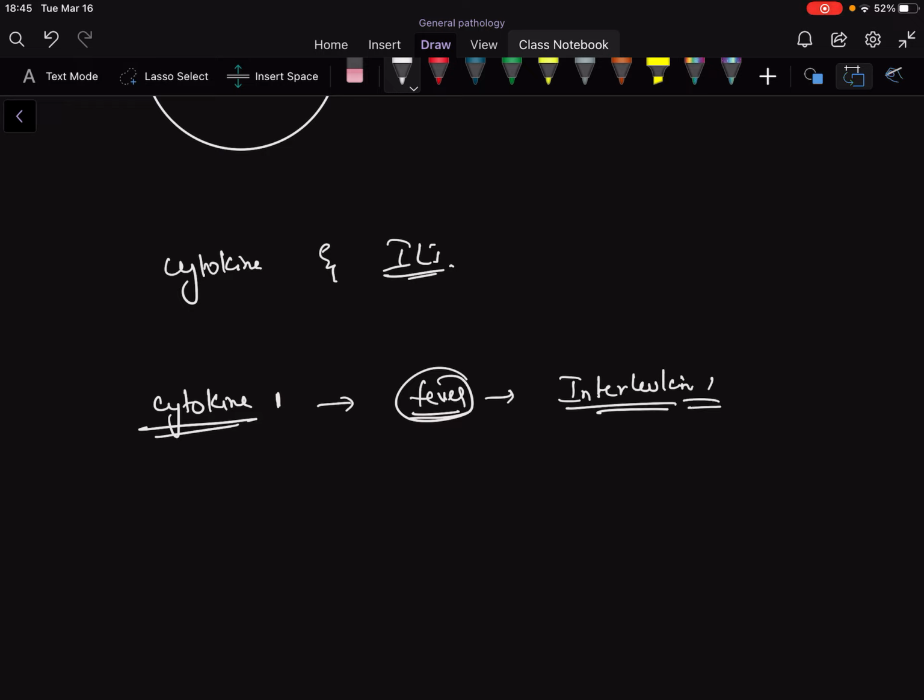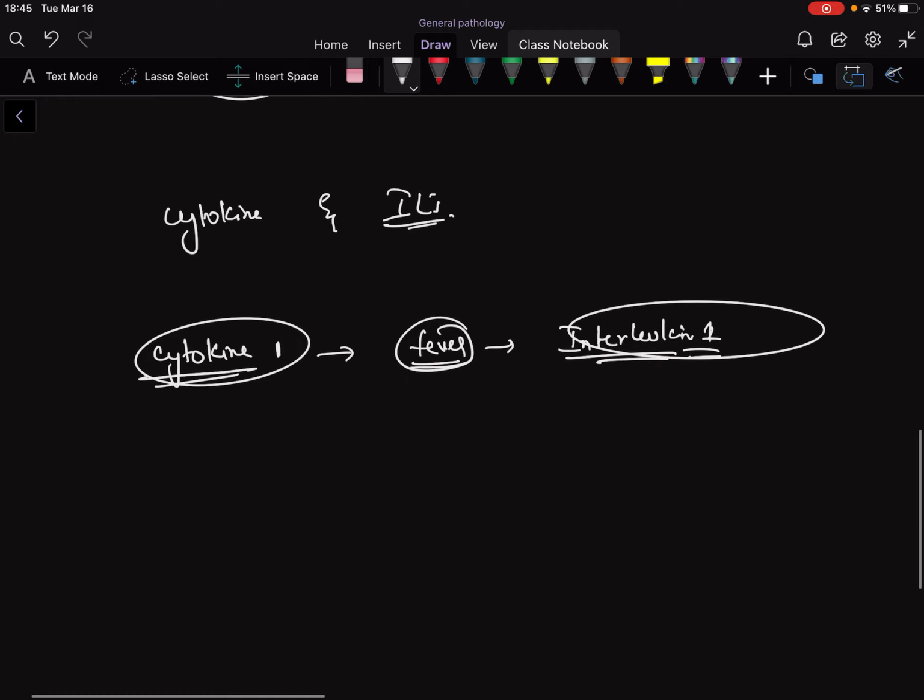So we can say that cytokines which are molecularly defined, it means they do a specific function like causing fever, are called interleukins.